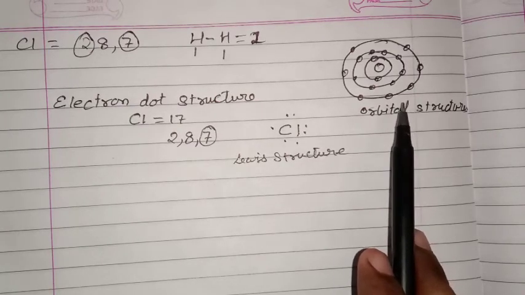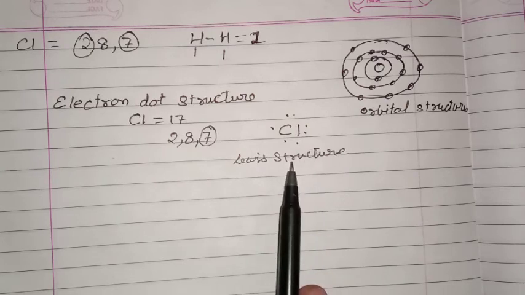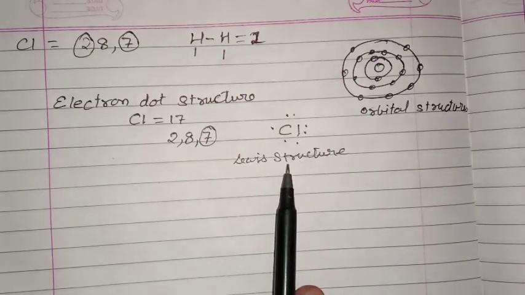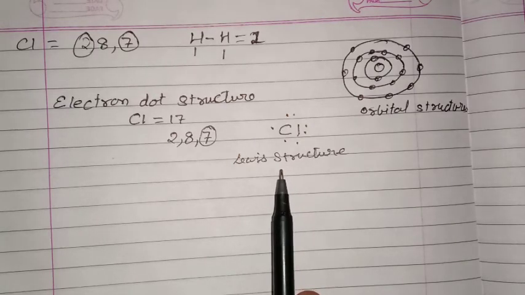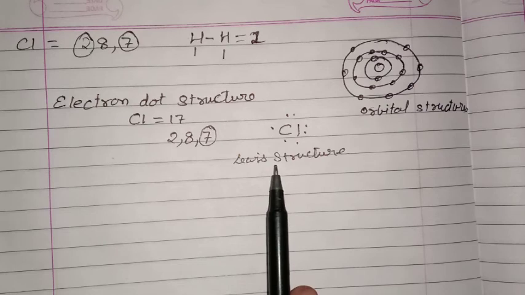It was discovered by the scientist Lewis, which is why it is called the Lewis method of representation. This electron dot structure is very important, and we will see more of it further in this chapter.